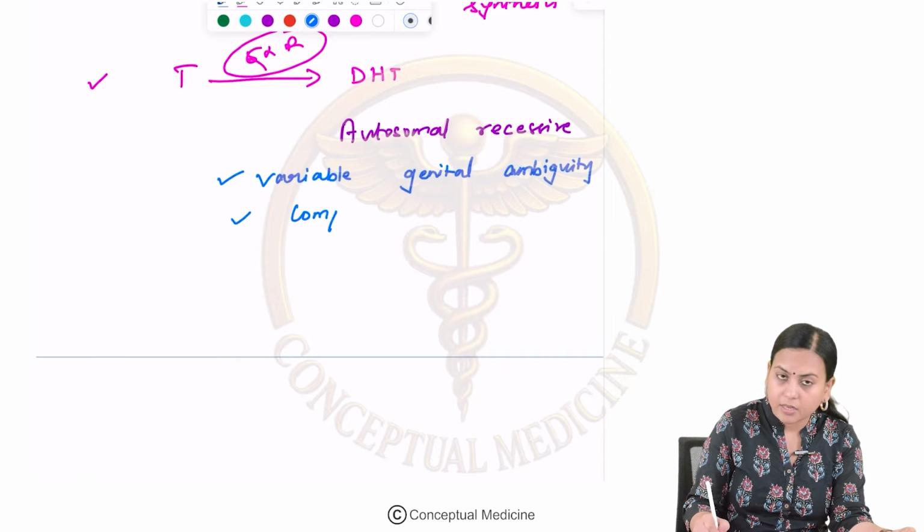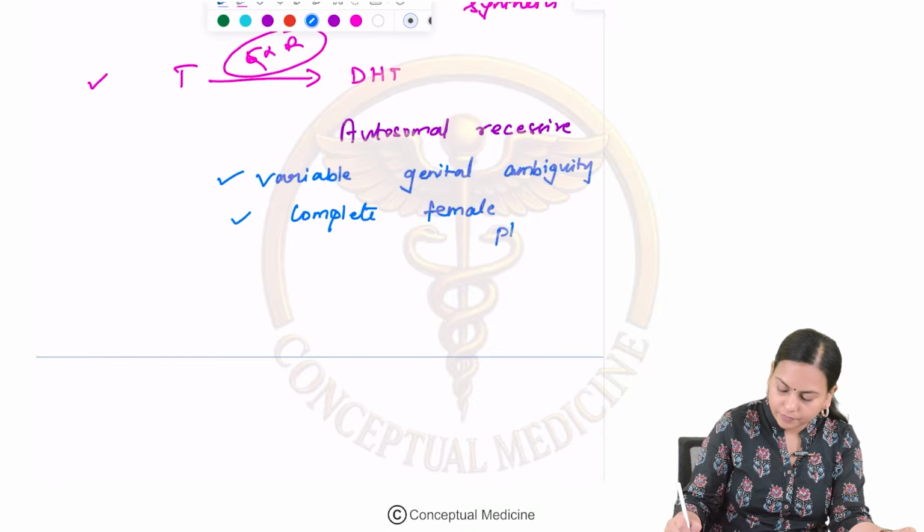They can be having a complete female phenotype.